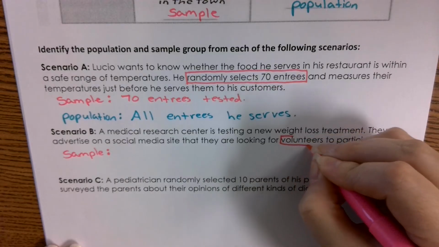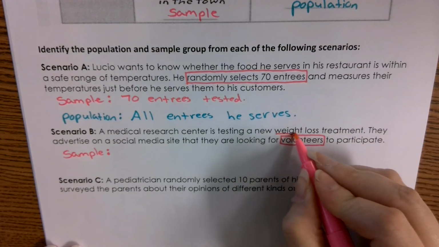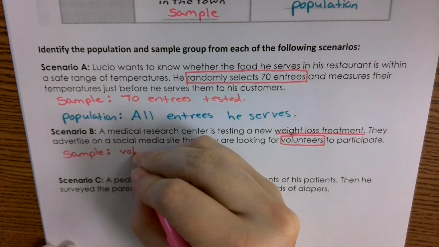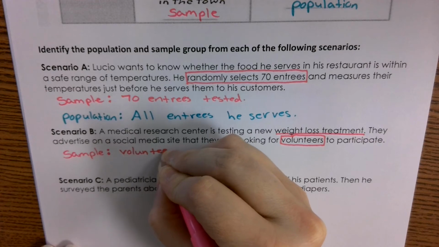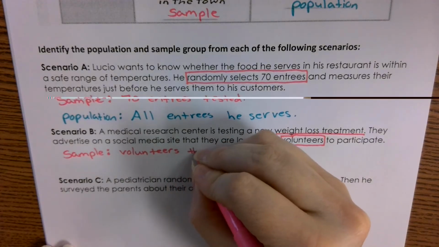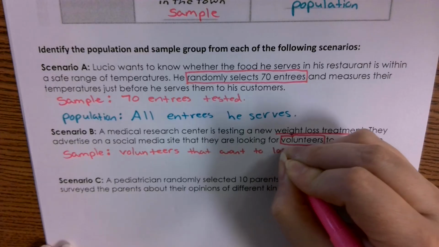So those who are volunteering, they're volunteering for a weight loss treatment. That's what they are doing. So these are the volunteers. If I'm volunteering for a weight loss treatment, then what is it that I'm hoping to do? Lose weight. So they are the volunteers that want to lose weight.